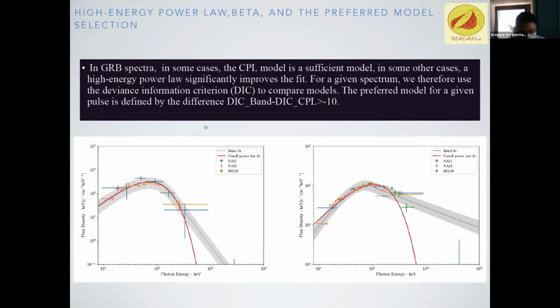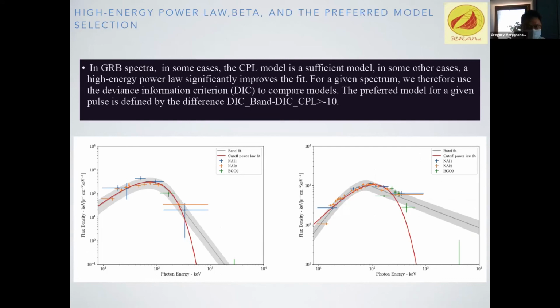Previous work suggests that in some cases the GRB spectrum is better fit by the cutoff power law, but in others the high-energy power law significantly improves the fit. So for a given spectrum, we use the Bayesian information criterion to compare the models.